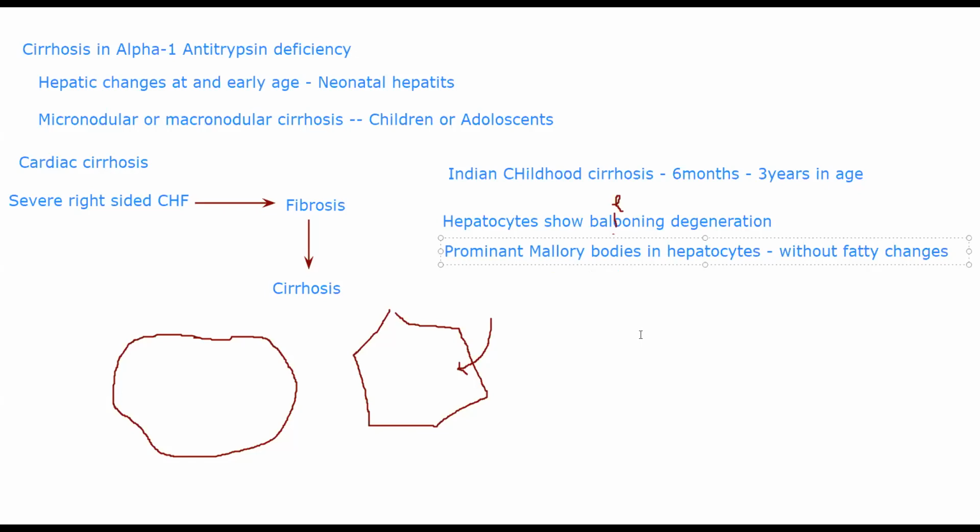Then there is deposition of copper and copper associated proteins. Copper associated proteins like your alpha 2 globulin, which is ceruloplasmin, yeah, they can be other proteins as well. Okay, they will start getting accumulated in your liver. These are the characteristic features of Indian childhood cirrhosis.